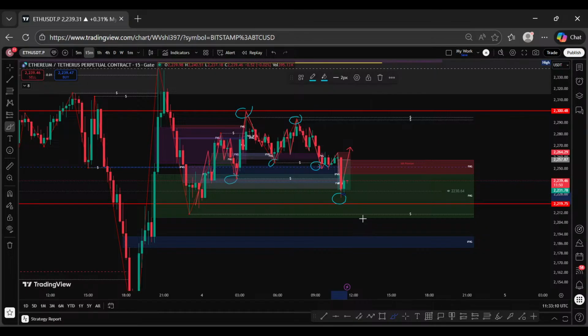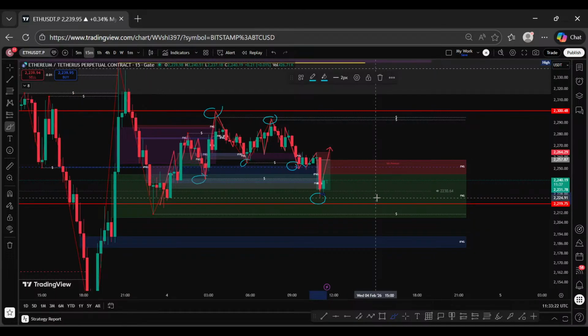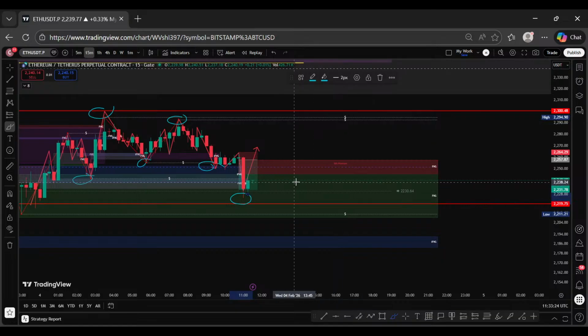So entry and exit planning for ETH: this line to break down to the 2230.